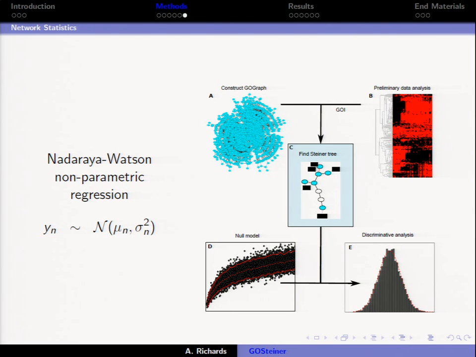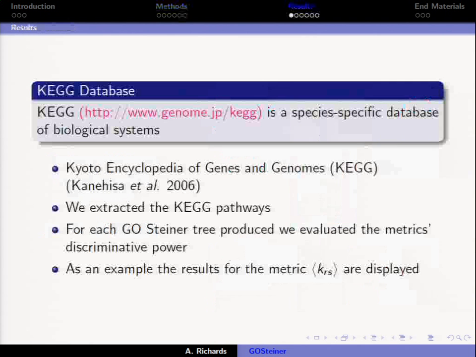Instead, we use Nadaraya-Watson non-parametric regression to identify, for a given statistic, a null model. The statistic is going to be a function of n, the gene set size, and we can use this null model then to get a value.